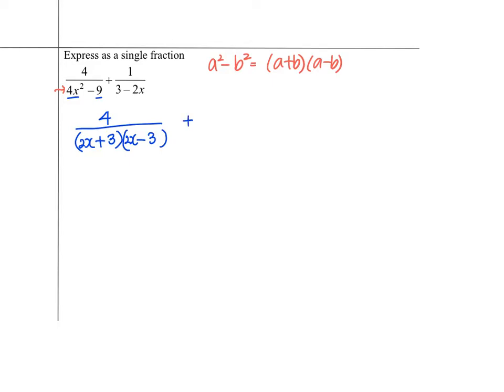Now I'm going to continue with the other half of my question. So now this is 3 minus 2x. Usually in this kind of situation, students will start multiplying all three denominators together. Please try not to do that. Observe if there is anything we can change to make it look similar or the same. So now this is 2x minus 3. This is 3 minus 2x.